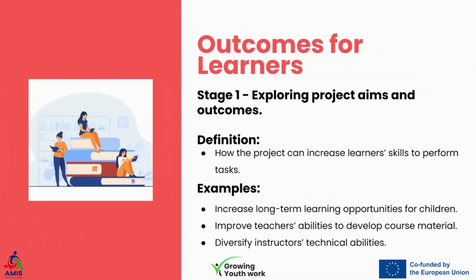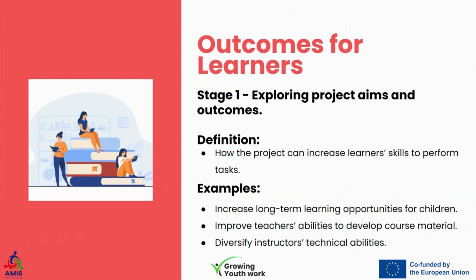Outcomes for learners. We start with the first stage of the Impact Plus tool and look at some of the outcomes that are potential for learners. These outcomes would focus on how they could benefit from the project to increase their skills or abilities to perform either one or multiple tasks.